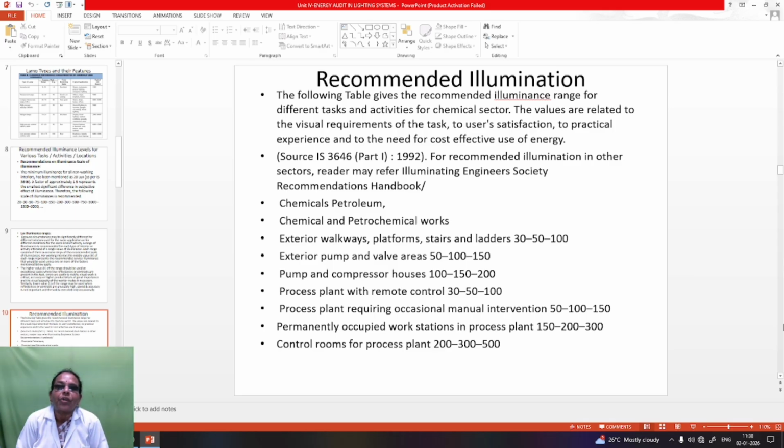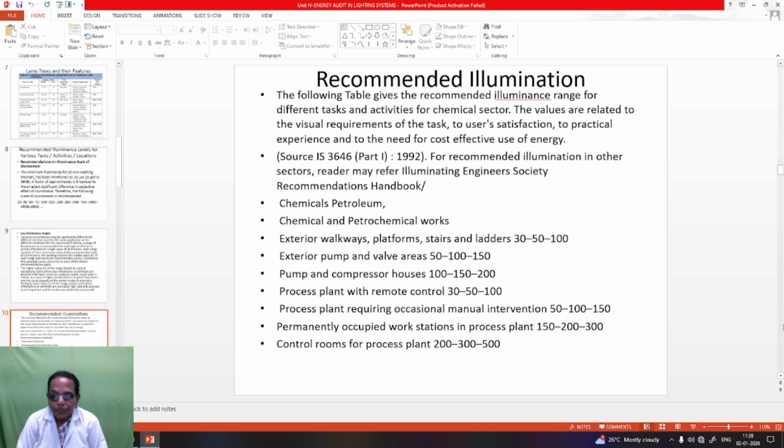Chemical, petroleum, chemical and petrochemical work: interior walkways, platforms, stairs and ladders, 30, 50, 100. Exterior pump and valve areas, 50, 100, 150. Pump and compressor houses, 100, 150, 200.